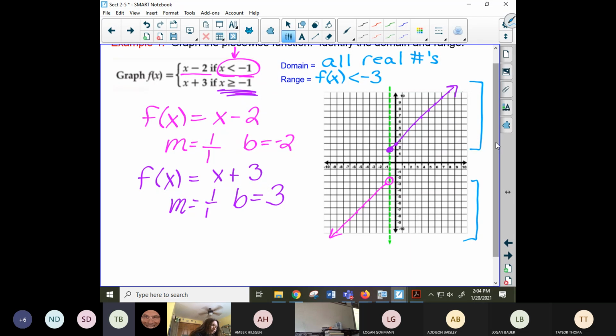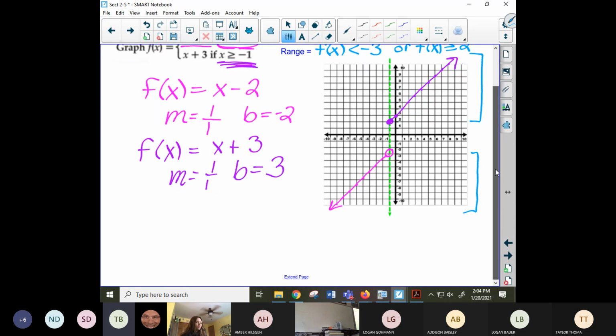Okay? Then when I go to describe this top one, I'm going to say or f of x is greater than, okay, from 2 going up. And is this one just greater than, or would it be greater than or equal to? Equal to 2. Do we get it?